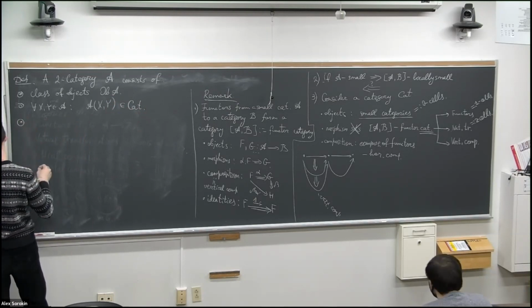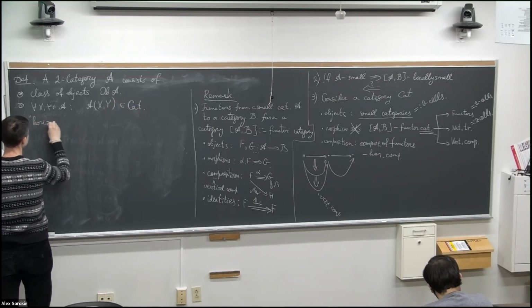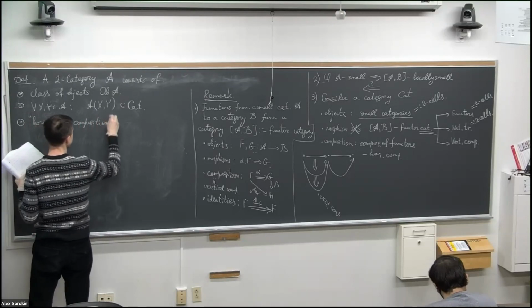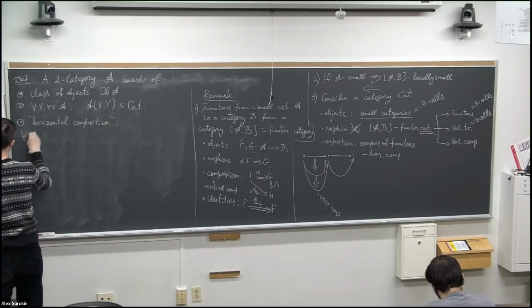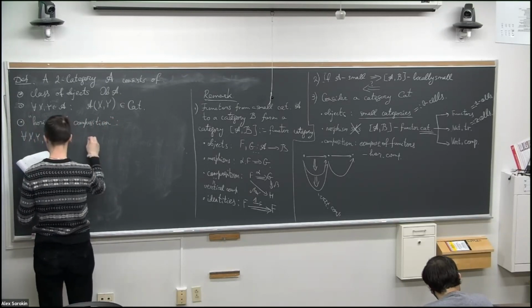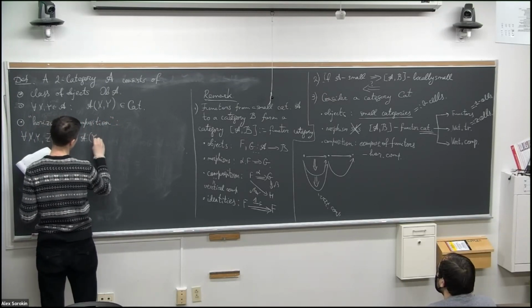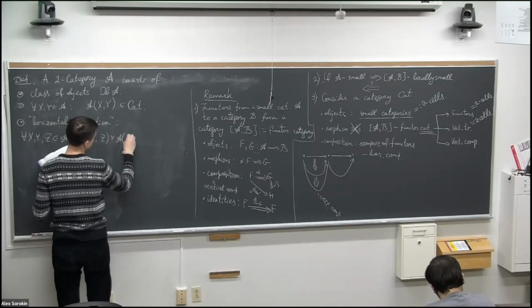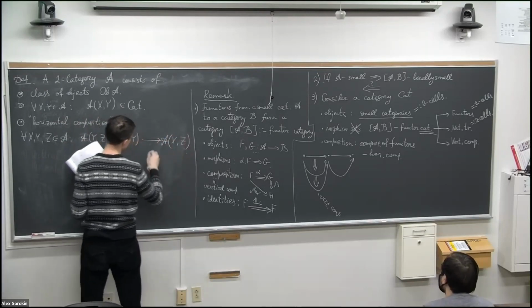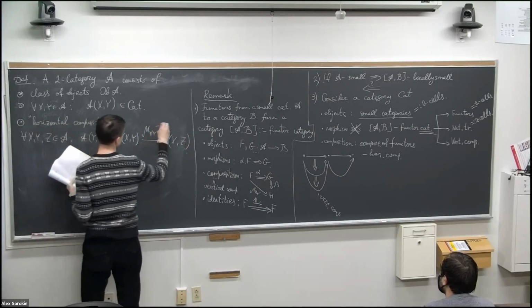Third, this is a so-called horizontal composition, which tells us that for any triple x, y, z belonging to A, there exists a functor from A(y, z) times A(x, y) to A(x, z). This is a functor.